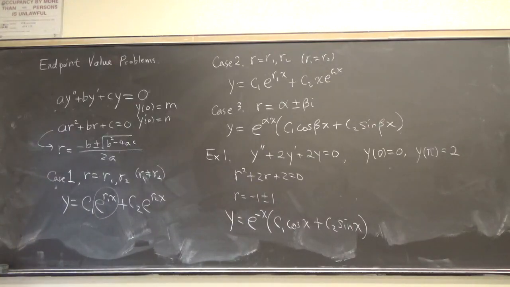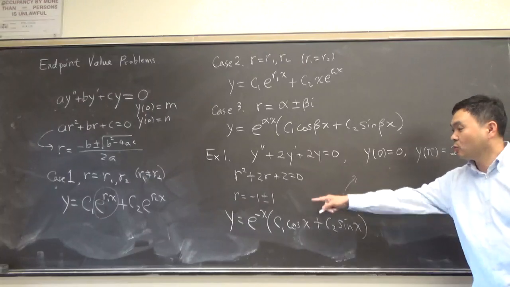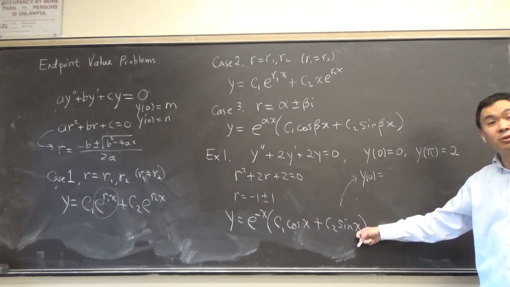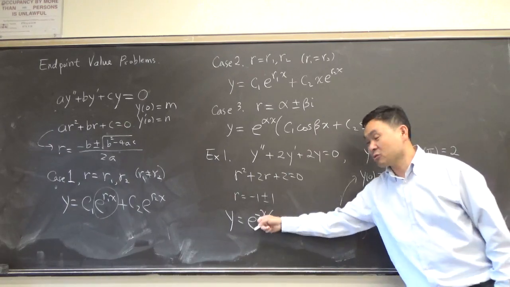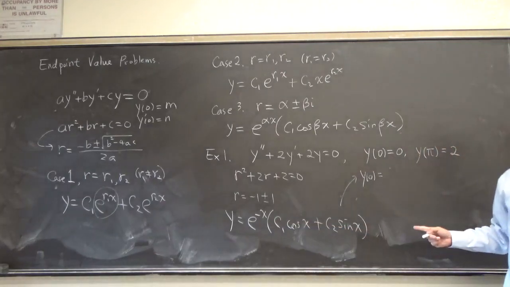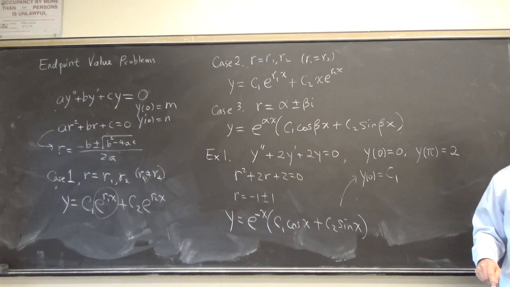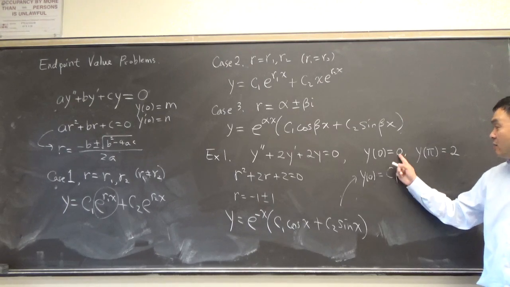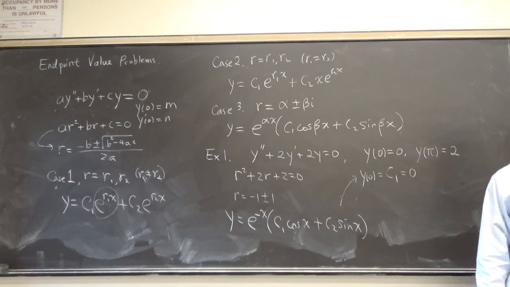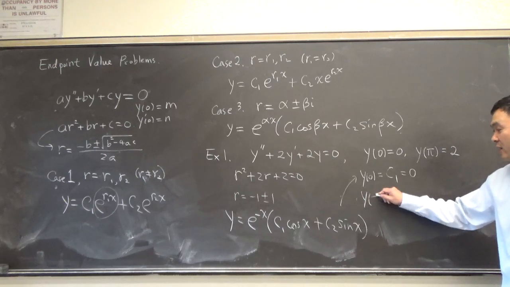Now let's see what the conditions give us. y of 0: sine 0 is 0, e to 0 is 1, cosine 0 is 1, so if you plug in 0, you just get c1. But y of 0 is given as 0, so c1 must be 0.